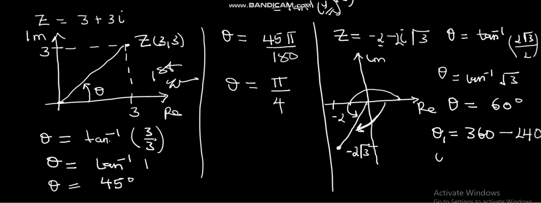Therefore we shall get theta 1 is equal to negative 120. The reason why we call it a negative is because we are going to move from here coming this side, not this angle. Is that okay? This is the angle theta and this is the angle theta 1. We are interested in theta 1, not theta.